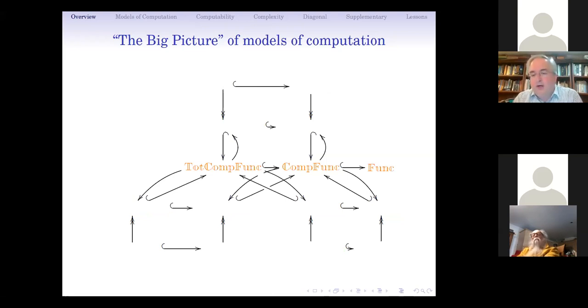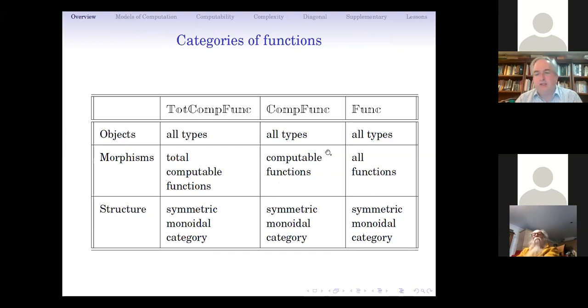You have functions, computable functions, and total computable functions. And let's just go through them. Functions, the objects are all types. By types, I mean reals, integers, natural numbers, strings, powers of natural numbers, a real cross a natural number, cross whatever, every single type. I don't get very sophisticated. We have powers, we have strings of types, but I don't get into anything extremely sophisticated.